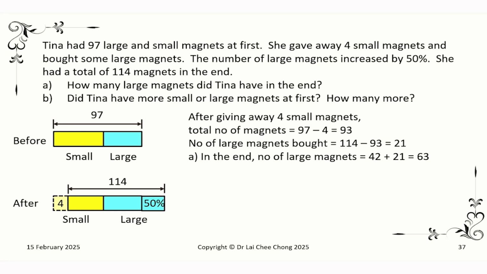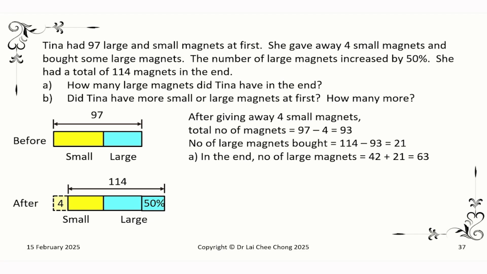Okay, so in other words, this must be what? 93. Am I right? 93 is over here. Watch out, huh? The number of large magnets must be what? Must be therefore 114 minus 93. Am I right? 114 minus 93.